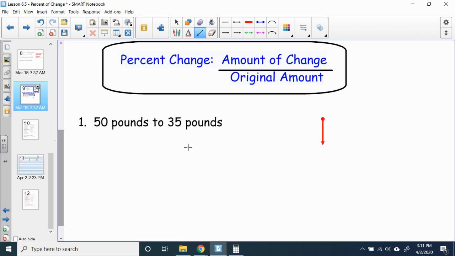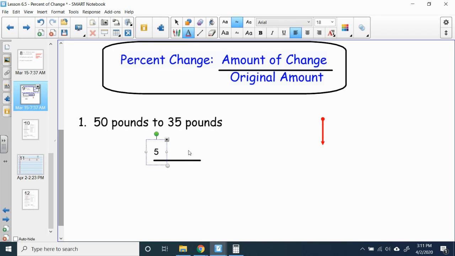Then I'm going to make a fraction. On the top of the fraction, I'm going to do 50 minus 35. On the bottom of the fraction, I have to put the original amount, which in this case was 50.